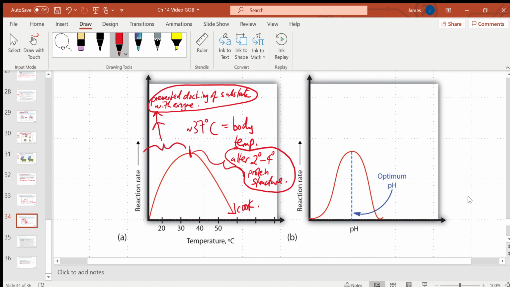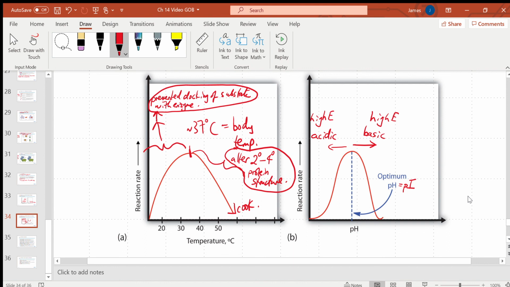pH, well, optimum pH, this would be the isoelectric point, and you have got acidic conditions below the isoelectric point. You've got basic conditions above the isoelectric point, and remember, this is considered high chemical energy, so you can chemically alter the structure of these proteins.